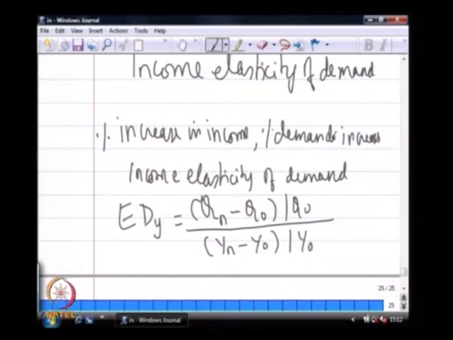So, if I need to express income elasticity of demand, I am just trying to see how much the quantity demanded has increased as a proportion to the increase in income that I have received.